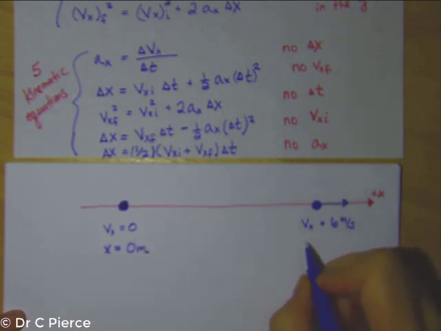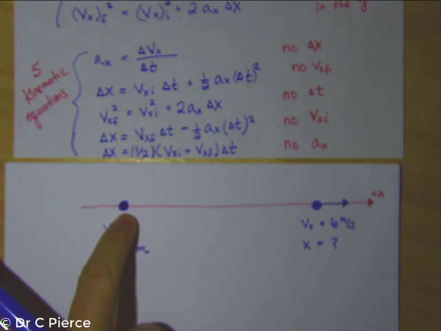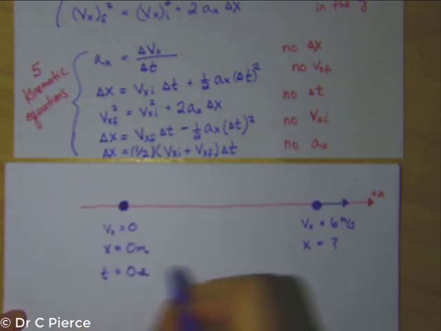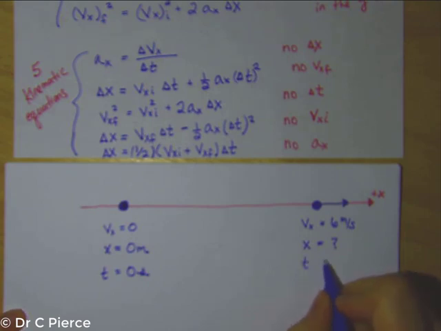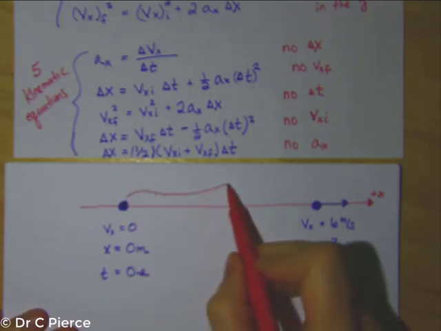I'm going to say that my position here at this time frame is just going to be 0 meters. And the position here, I don't know. So I'm just going to say question mark. The time here at the beginning of the problem, I'm going to start my stopwatch then and just say 0 seconds. And the time here, I don't know.